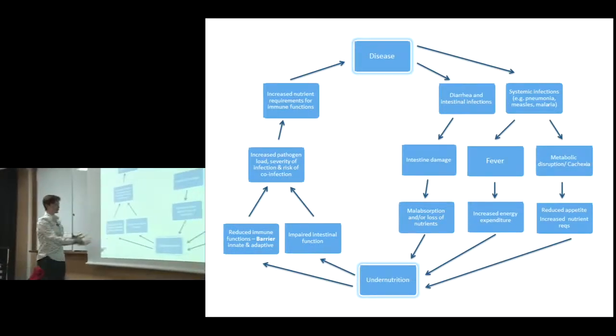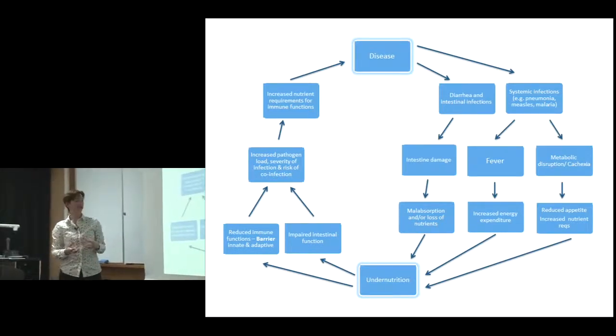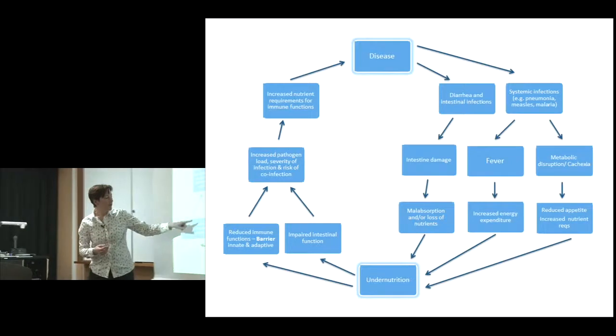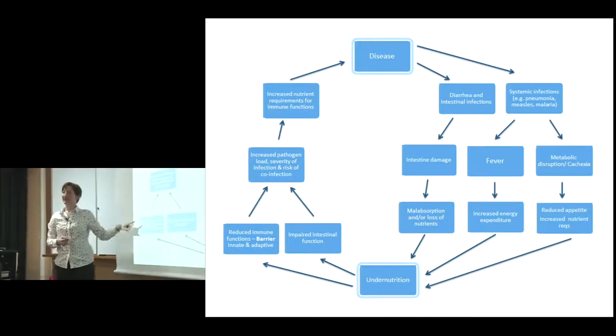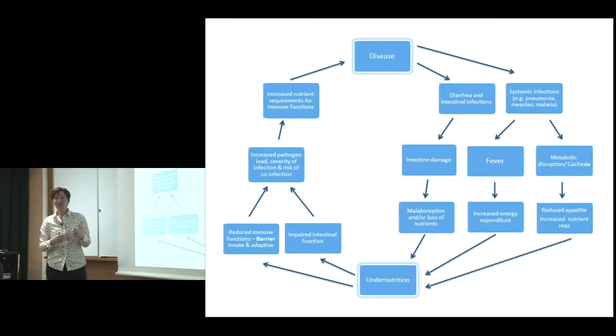Then the undernutrition, as we talked about, leads to reduced immune functions. And probably the most important one is the innate immune function and the barrier effects of the skin and the epithelial. The immune system is actually quite robust.